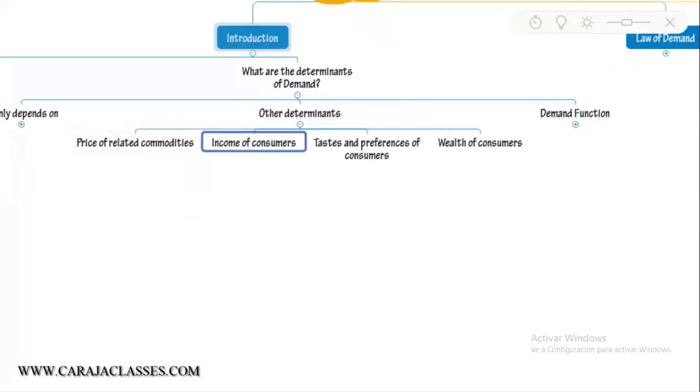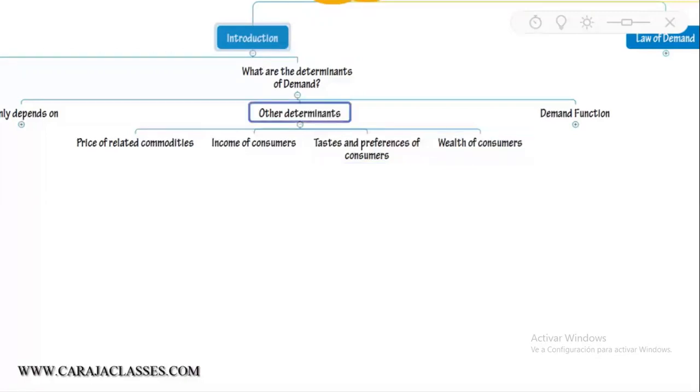It is also linked with the income of consumers. If the income level of the consumers goes up, then the demand can also go up for the products. It is linked with the taste and preferences of consumers. For certain products, the demand will change not because of price, not because of income, but because of the change in taste and preferences. Then again, it also depends on the wealth of the consumer.